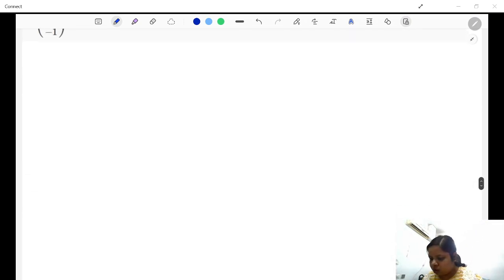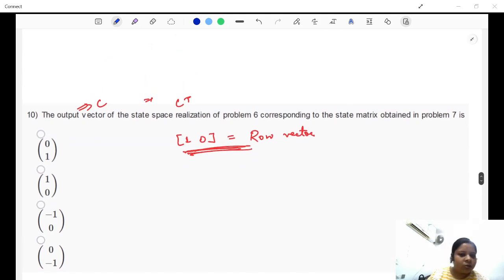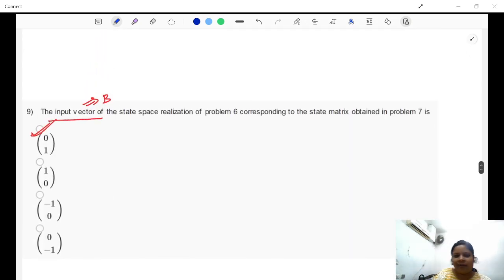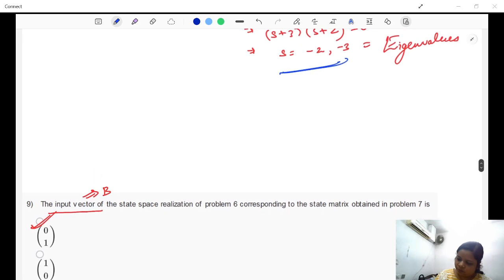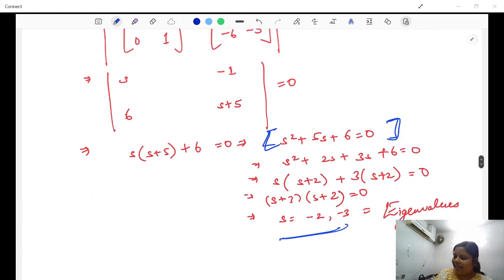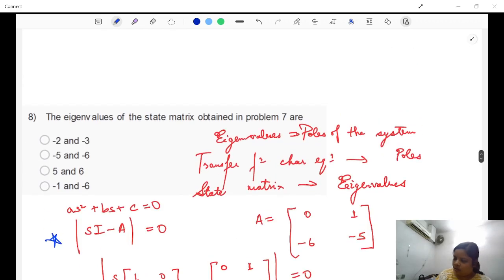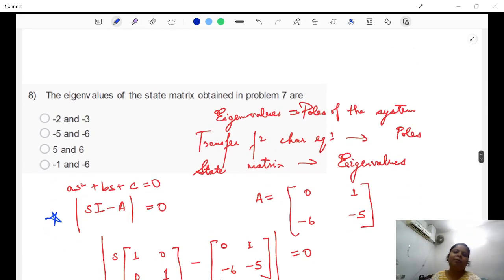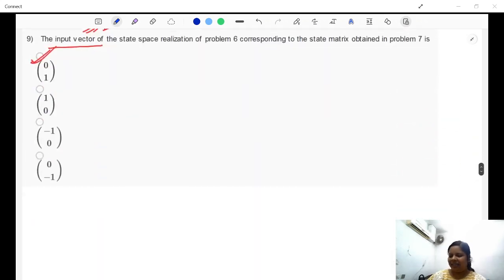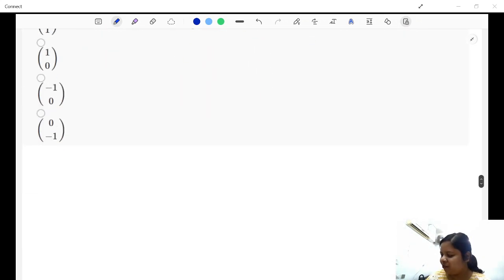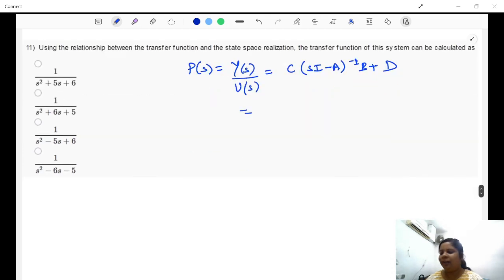Your C is the row vector [1, 0]. Please note it down if you haven't. Your B is the column vector [0; 1]. And your A is the square matrix [0, 1; -6, -5]. All right. Just make these calculations. Taking the inverse would not be so tough because it is just a 2 by 2 matrix. So please try to find an answer.